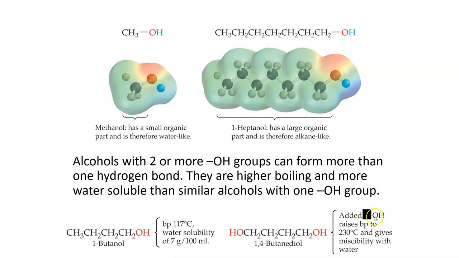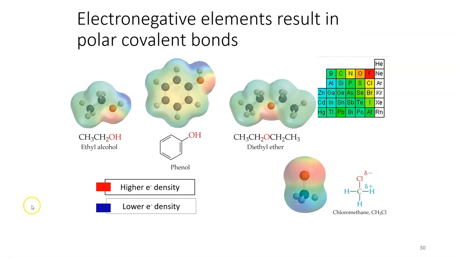And we can raise the boiling point by 200 to 230 degrees. So it almost doubles that boiling point and allows it to be soluble in water, where we have 1, 2, 3, 4. It's a slight solubility, but it increases substantially the solubility once we've added that other functional group. So something to look at in terms of the properties of those different compounds based off of their name.